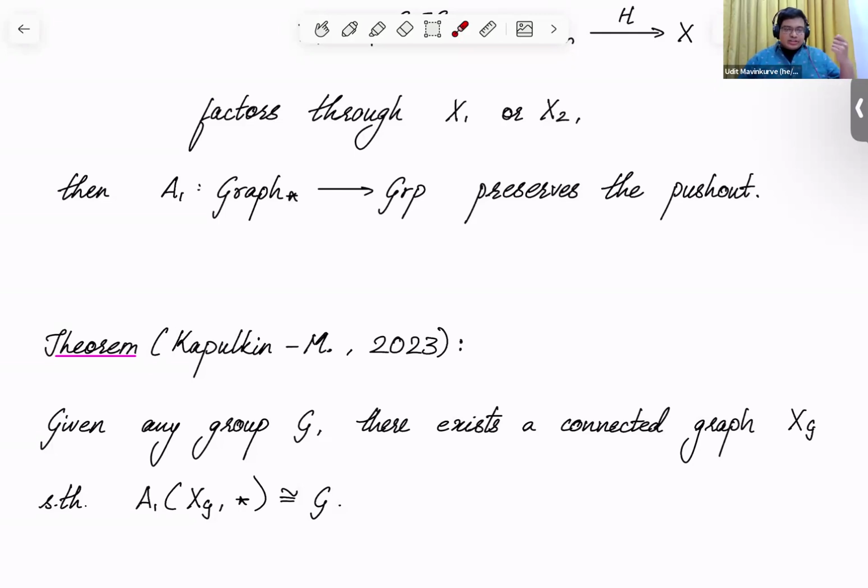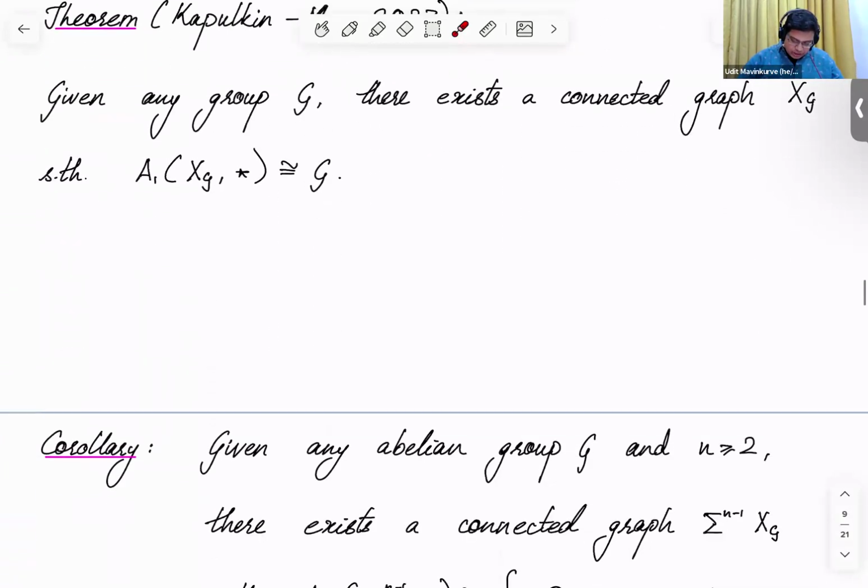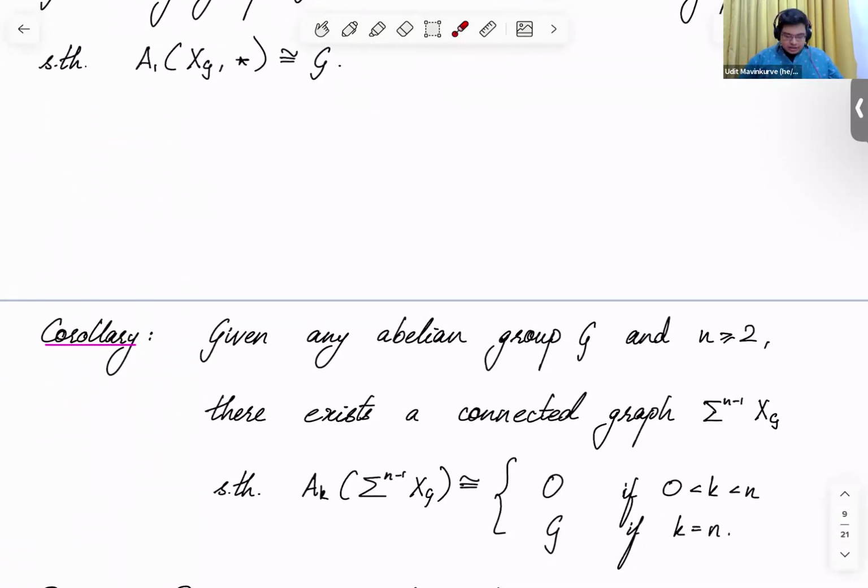In classical homotopy theory, when you think of graphs as just one-dimensional CW complexes, you can only realize free groups as fundamental groups of graphs. Whereas in discrete homotopy theory, you can have, say, torsion elements. For example, we give an explicit construction of a graph with A1 as Z mod 2Z. That's just a feature of discrete homotopy theory. And then you can extend that result.